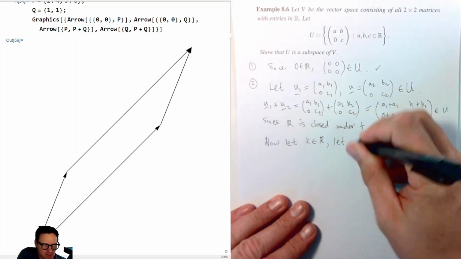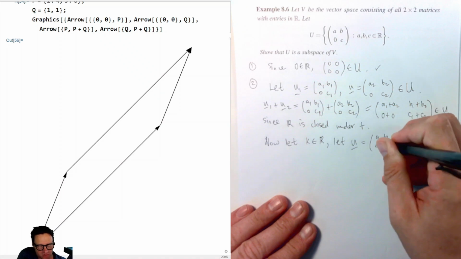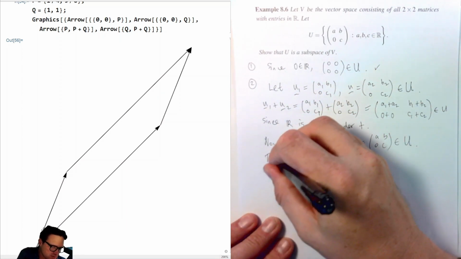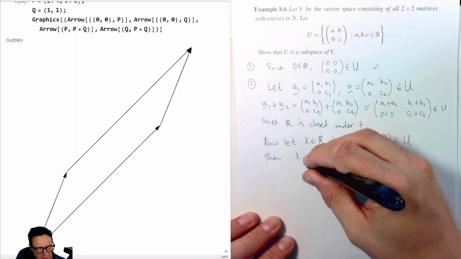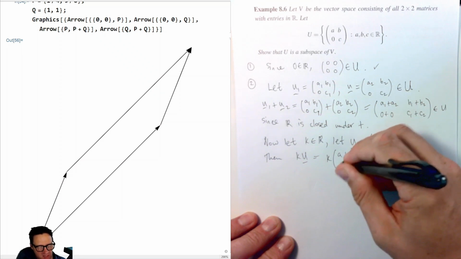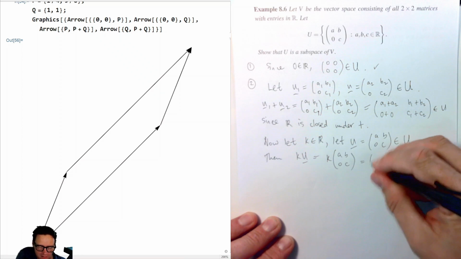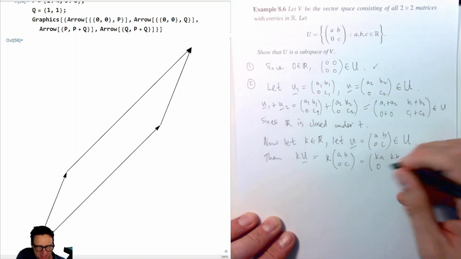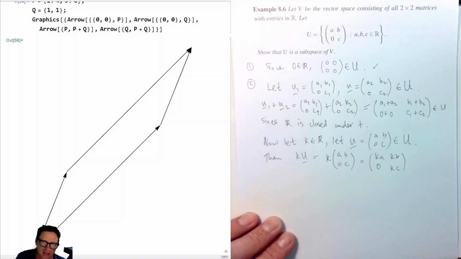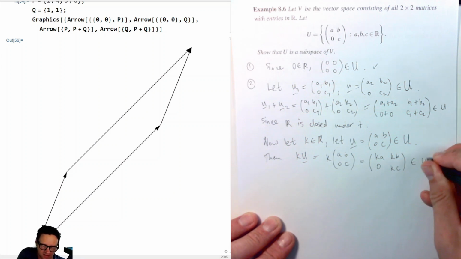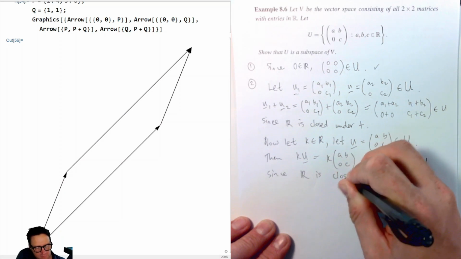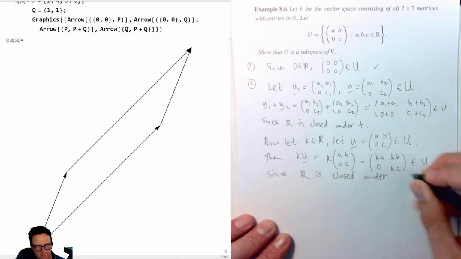And let U be equal to the matrix A, B, 0, C belonging to the set U. So then Ku is K times A, B, 0, C. Multiplication here gives us K times A, K times B, K times 0, which is 0, and K times C. Now, since the set of real numbers is closed under multiplication, this is also an element of U. So it's closed under multiplication.